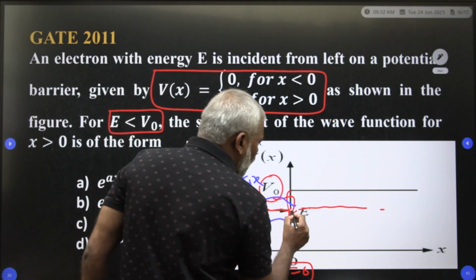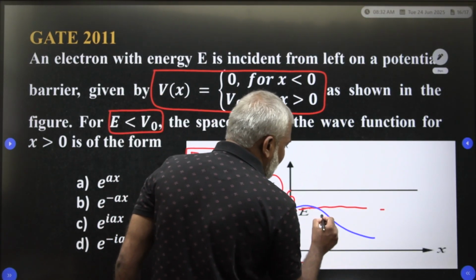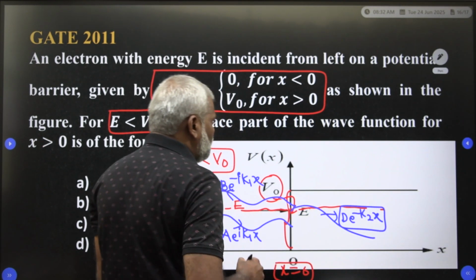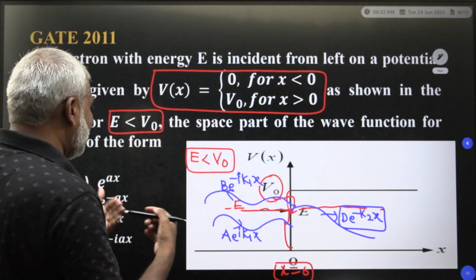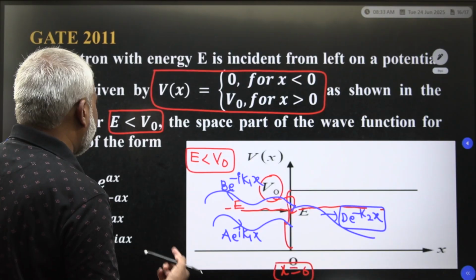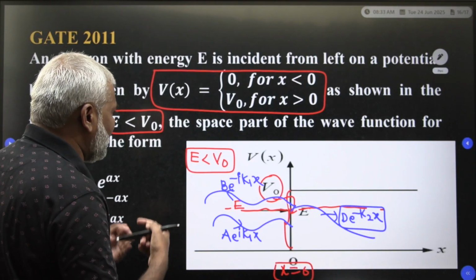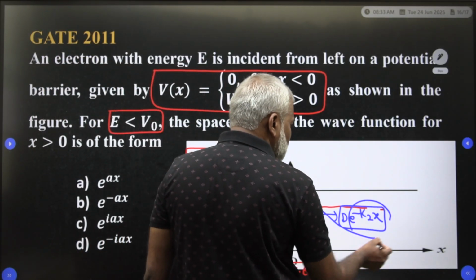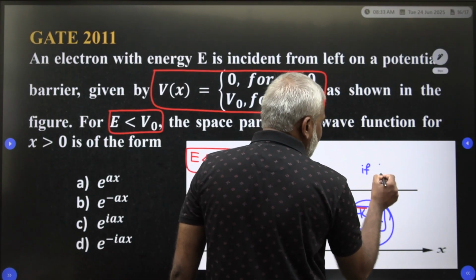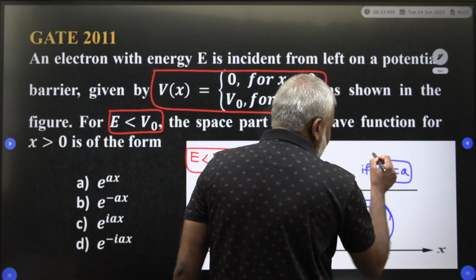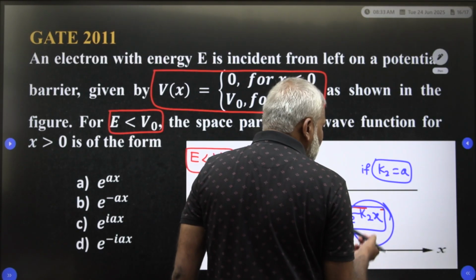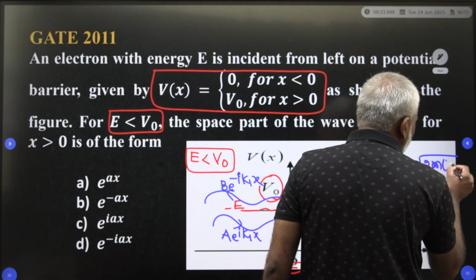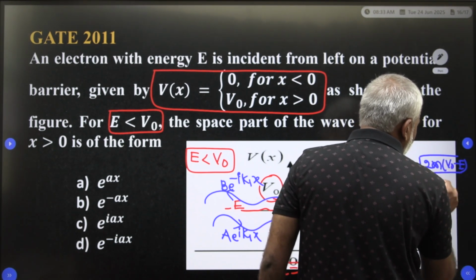Then there is an exponential decay, D e to the power of minus k2 x. Here they consider a constant alpha instead of k2, where alpha is equal to the square root of 2m into V naught minus E divided by h cut square.